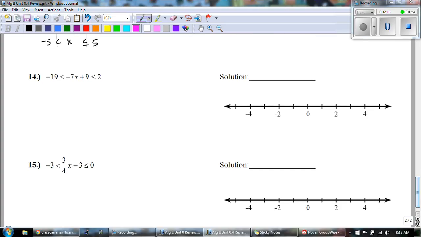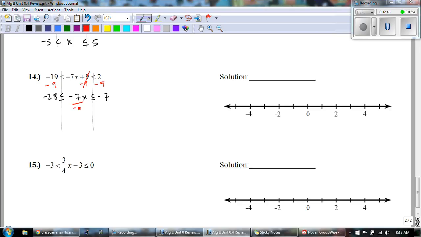All right, 14. Okay, I'm going to subtract the 9. And those cancel. We get negative 28 is less than or equal to negative 7x, which is less than or equal to negative 7.